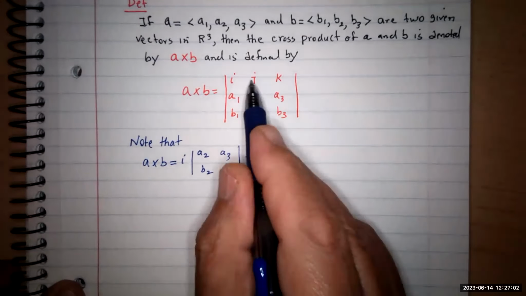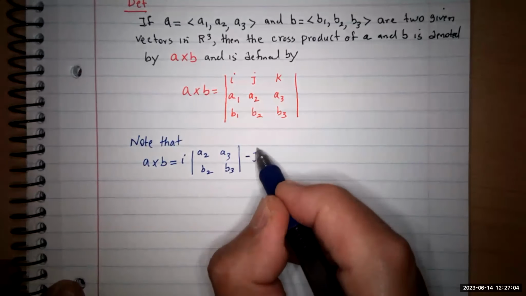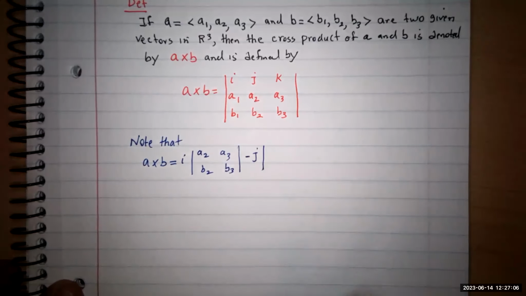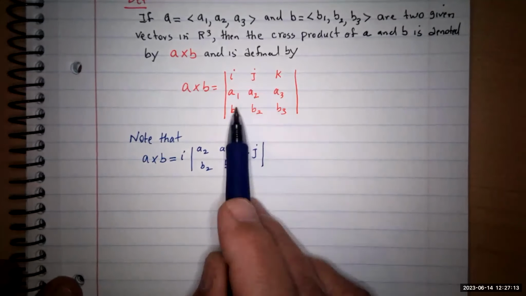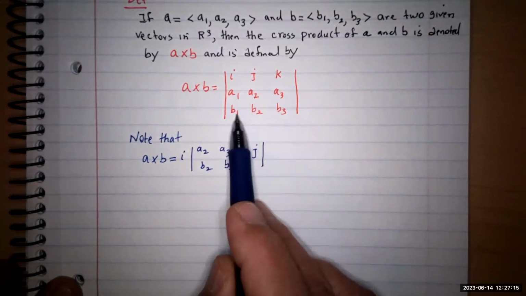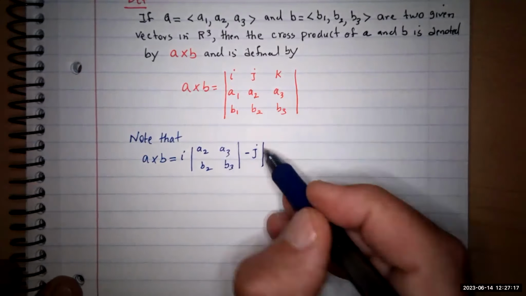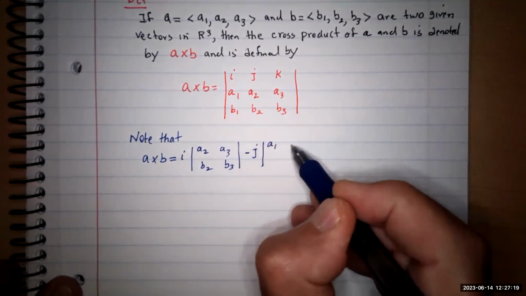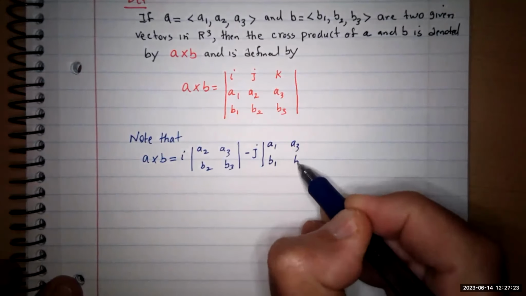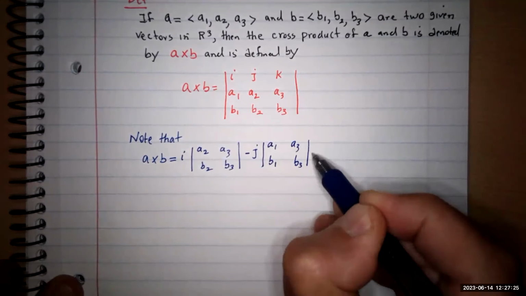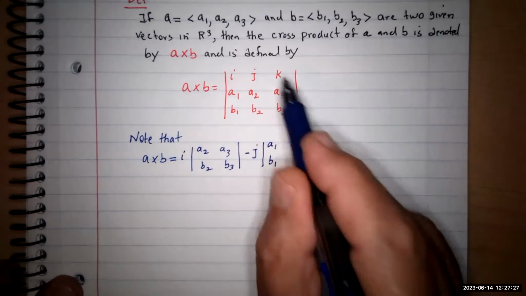minus the second entry is j, again a matrix. You remove the first row and second column, the matrix A1, A3, B1, B3, plus k.